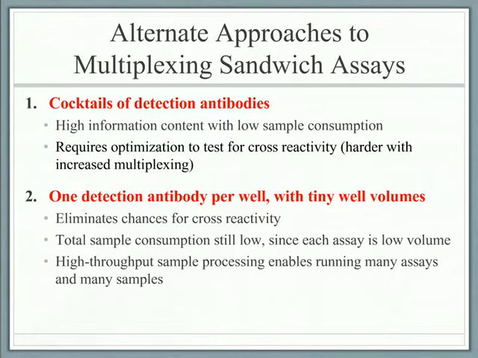We have a different detection antibody for each target, and the requirement is that each detection antibody goes to its target without any cross-reactivity. However, when we use many different detection antibodies, the opportunities for cross-reactivity increase, and many have found a limit of a few dozen assays in one single pot, so to speak, before that becomes very hard to control for.